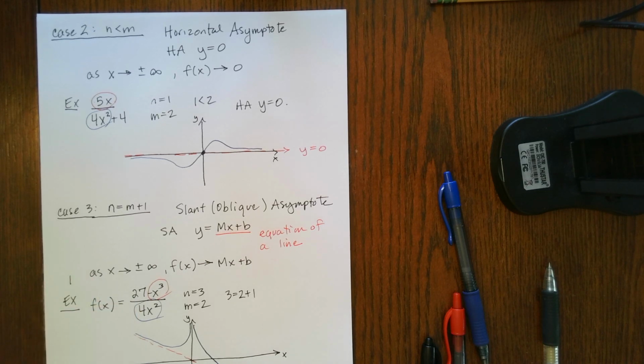So case 4, you could consider n greater than m plus 1, and there are different types of asymptotes you can have. They're outside the scope of this class. All right, now let's look at some examples.